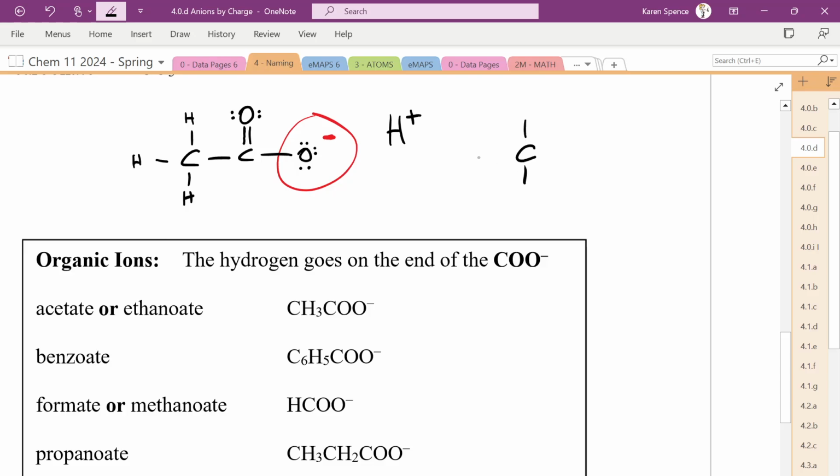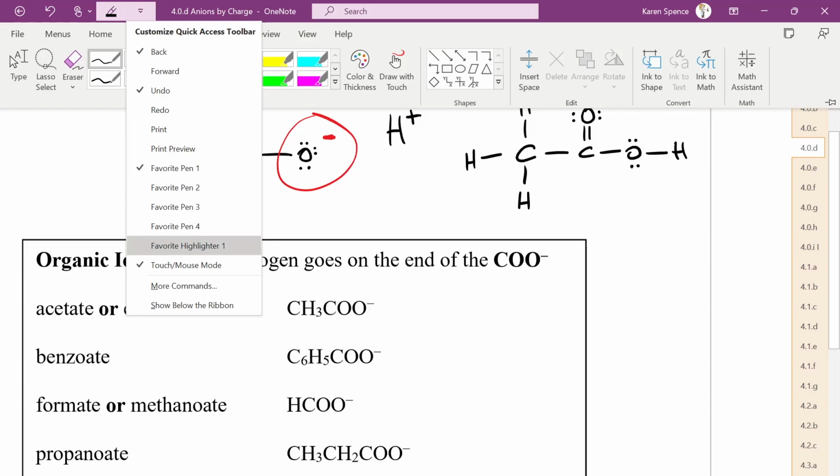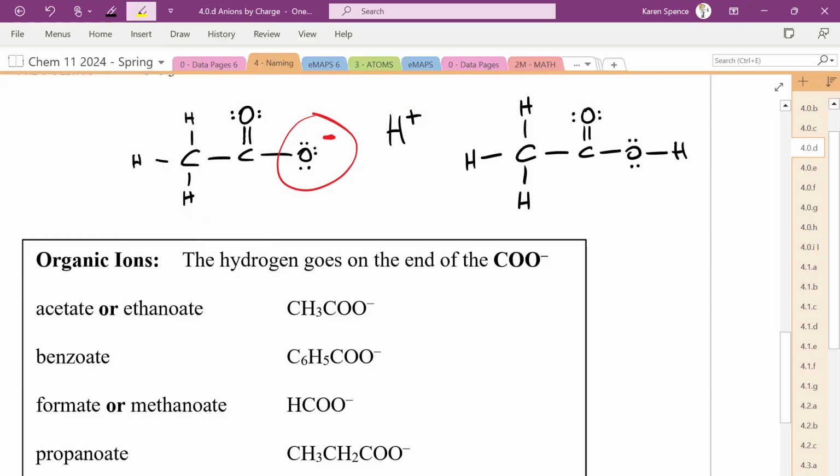up with CH3, C, double bond O, O, H. So what you can see is that we have this hydrogen here.